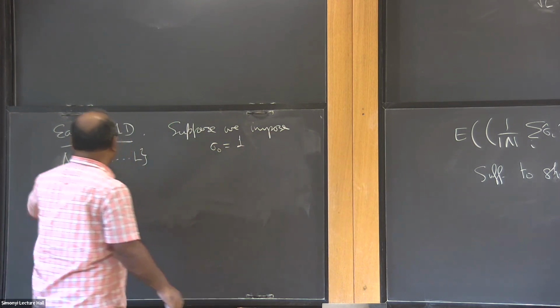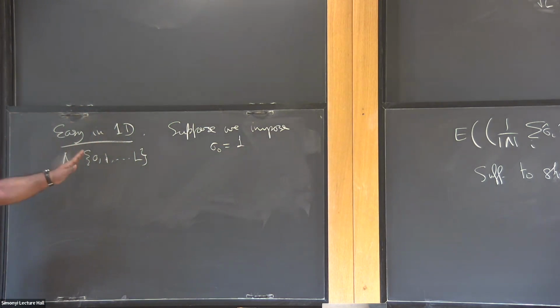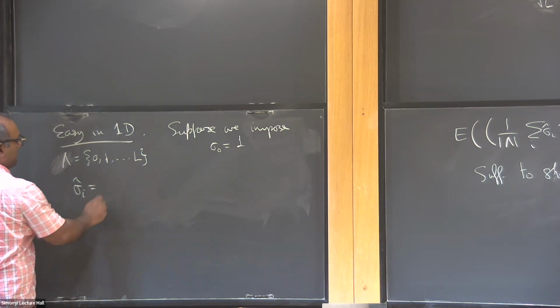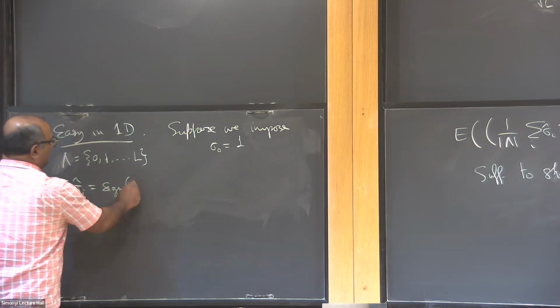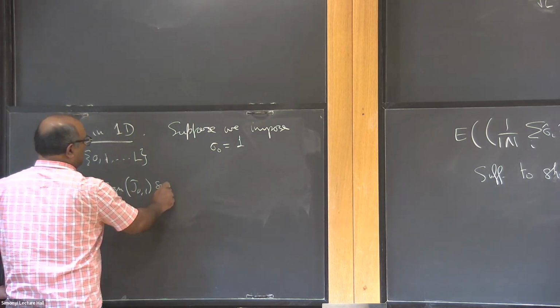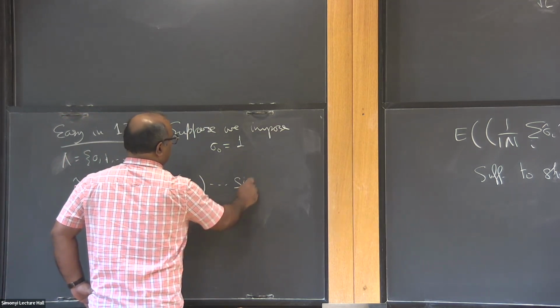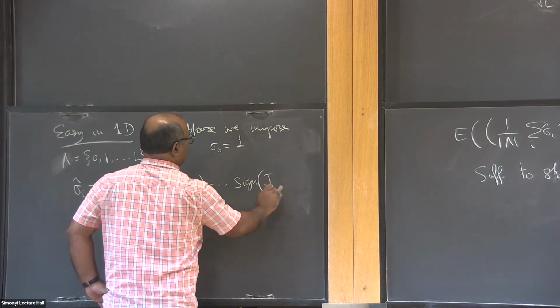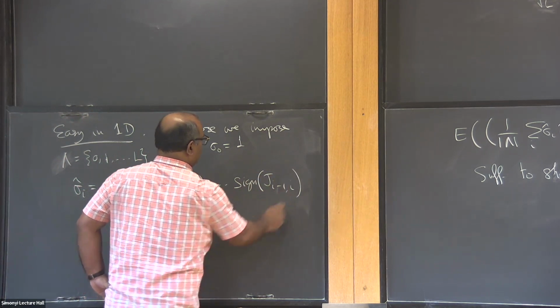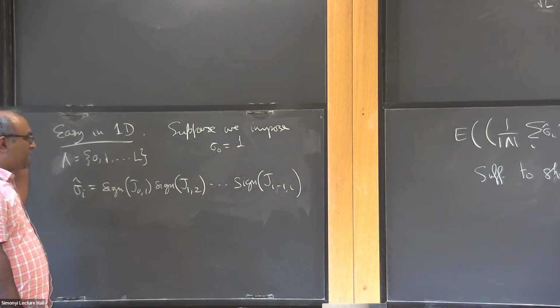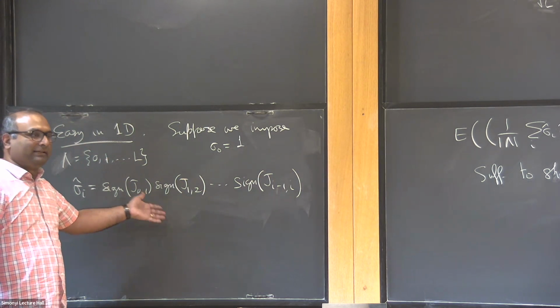The spin at site 0 is 1. This was already done in the paper of Bray and Moore, 40 years ago. Then you can explicitly write down sigma i hat as the sign of G01, sign of G12, all the way up to sign of G(i-1),i. It's just the product of the signs, and that gives you the energy-minimizing state.